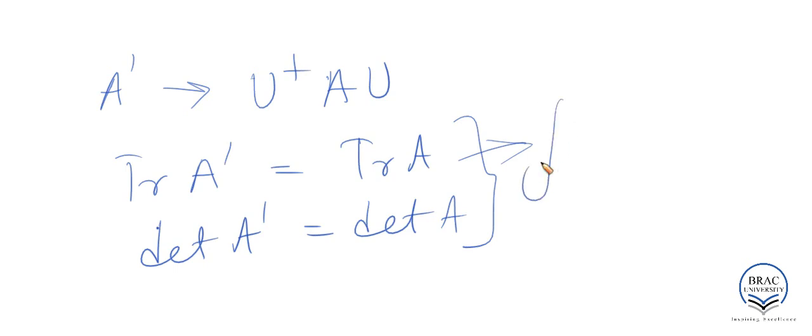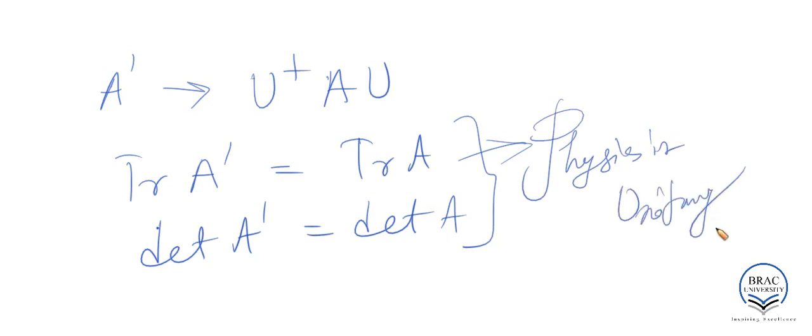So if you want to say it in a fancy manner, you can write: physics is unitary. Whenever you have non-unitarity, you can always be sure that something is wrong.